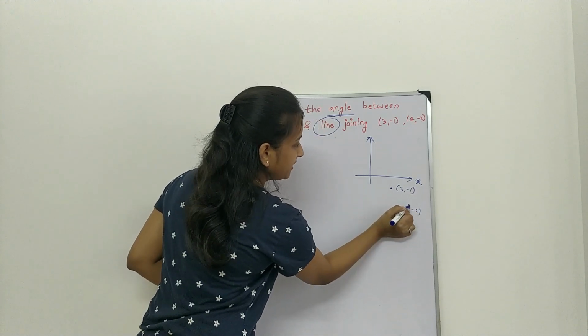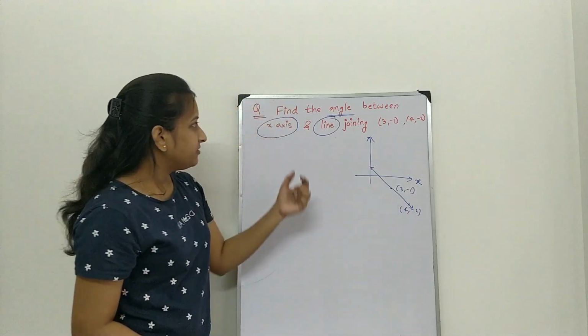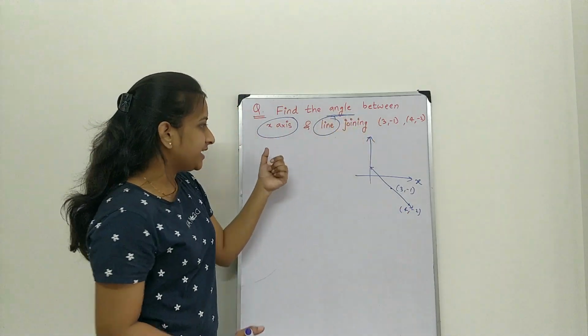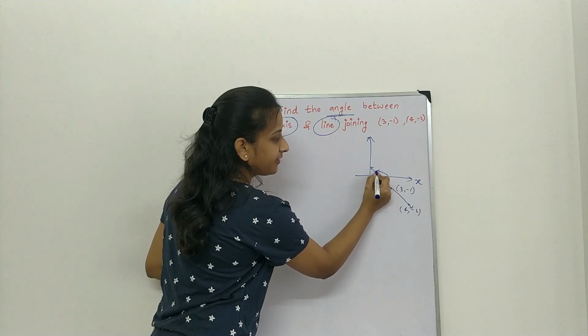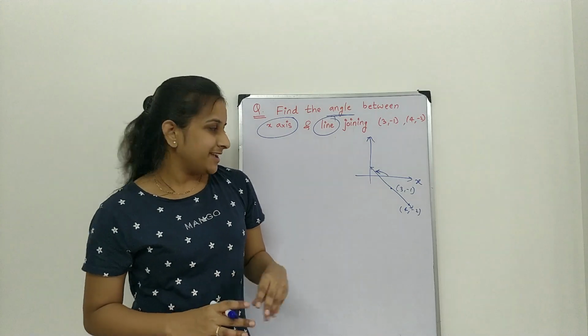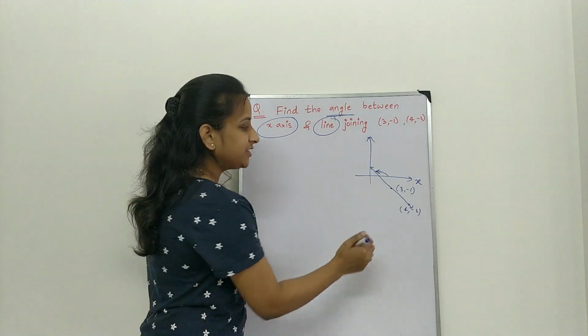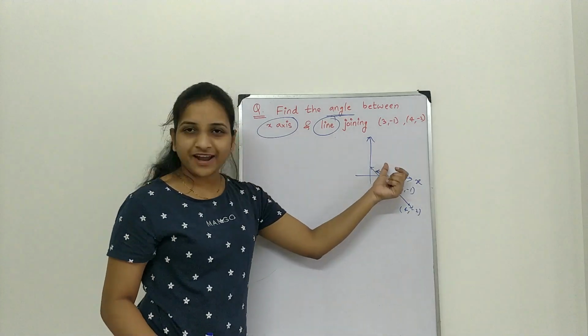So for the line joining these 2 points, we need to find the angle between the x-axis and this line. That means we need to find this angle. So indirectly here we need to find the slope of this line and then we can find the angle.